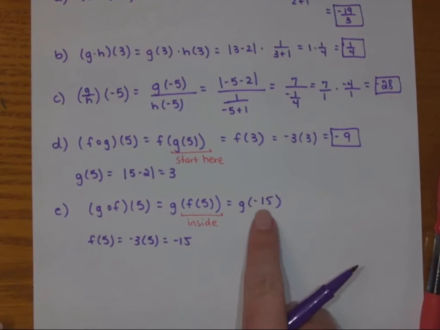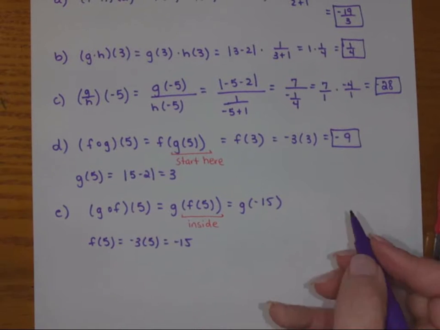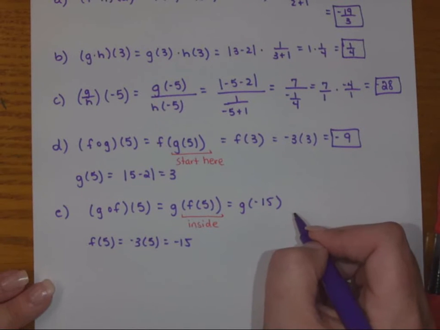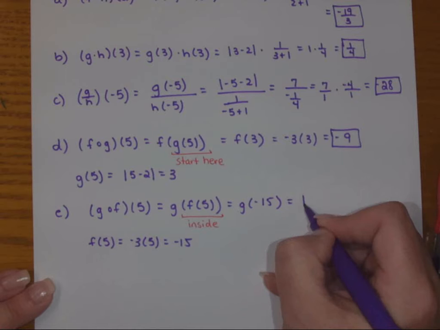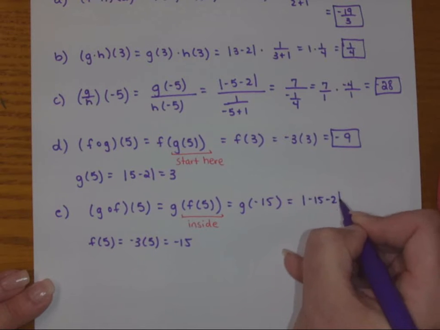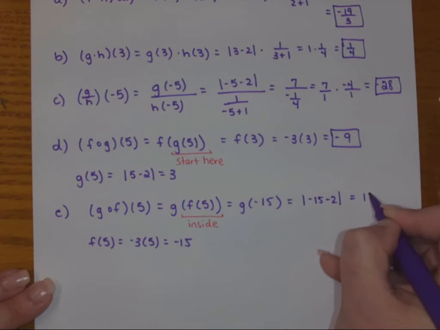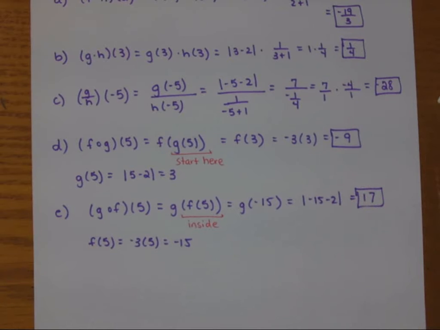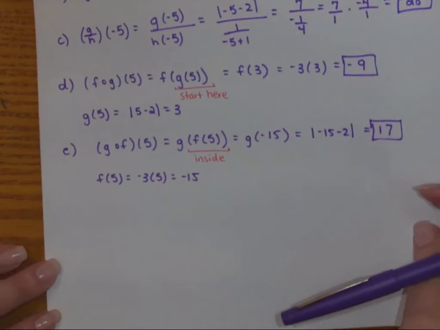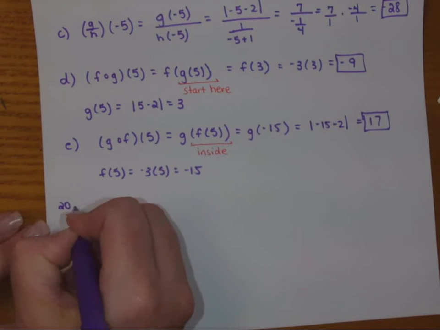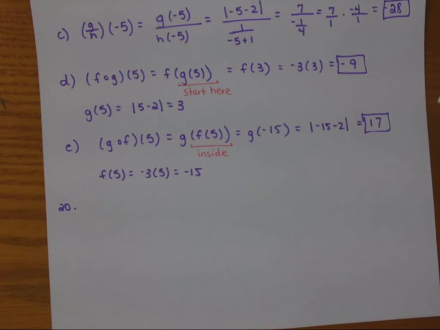Okay, so notice I use this inside there. So g of negative 15, I just lost my g equation. There it is. So it'd be negative 15 minus 2, and then the absolute value of that. So we would get what's on the key, which is 17. Okay, so just remember with composition of functions, it'll help you on number 20 also. Remember that you always want to start with the inside first.